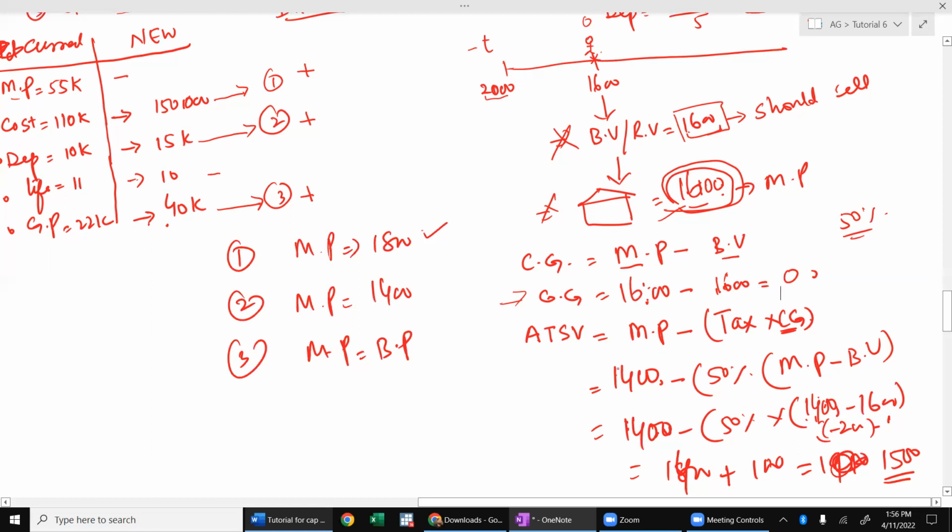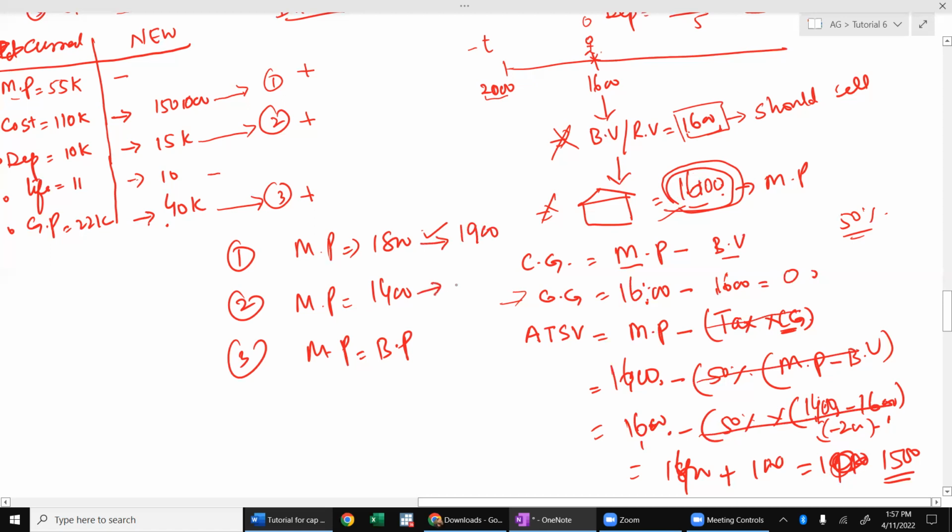So the answer will be equal to only 1600, right? This part will be equal to 0 because capital gain is 0. So the answer will be equal to 1600. In our first situation, our answer was equal to 1900.